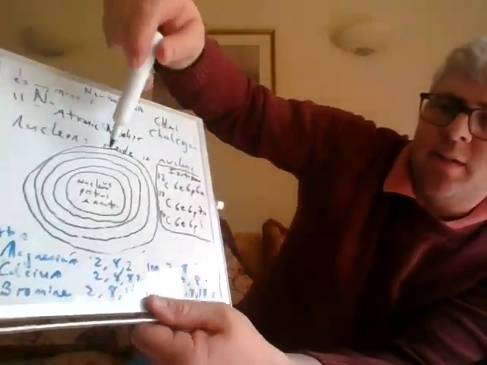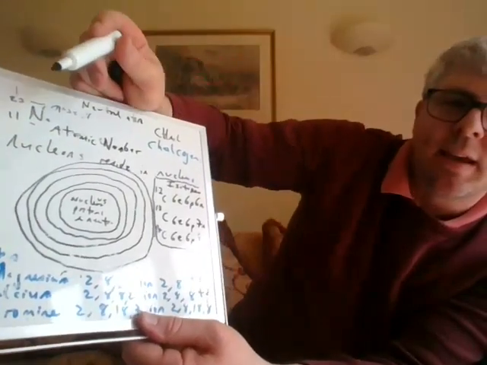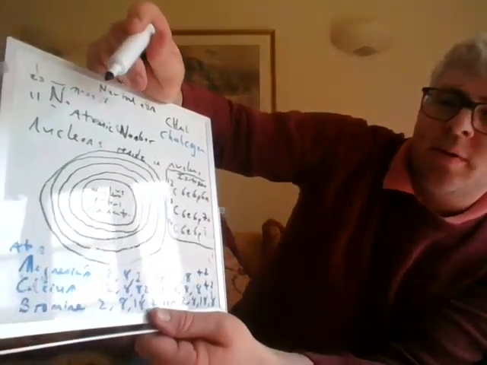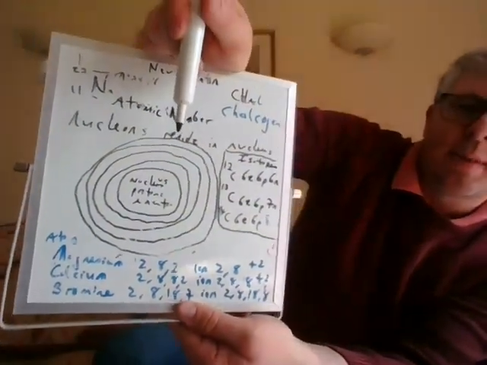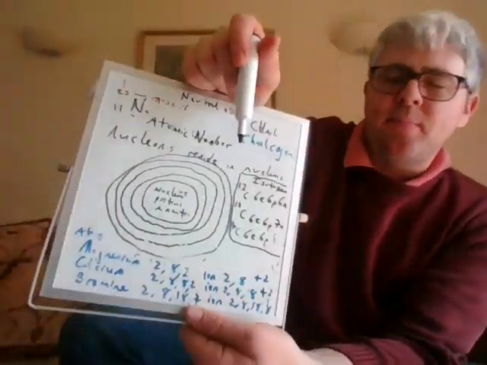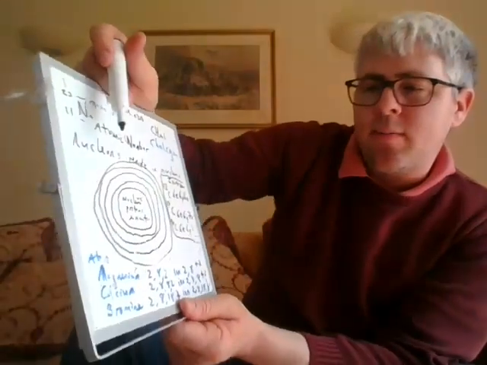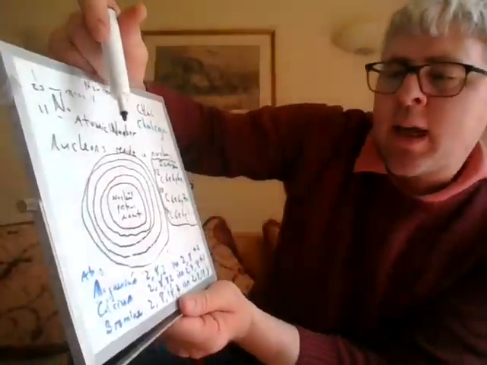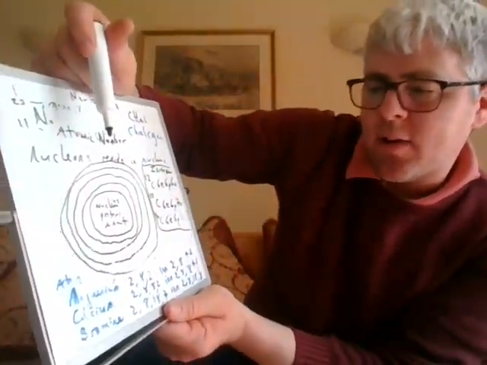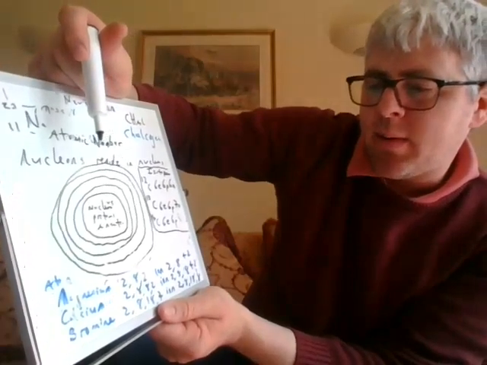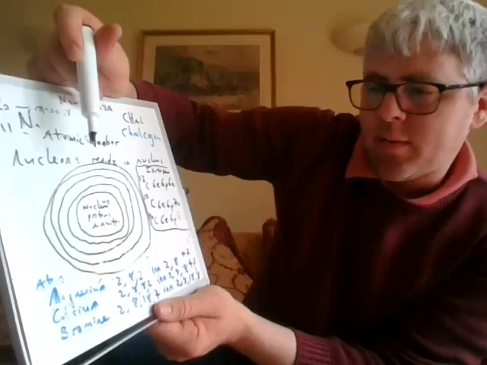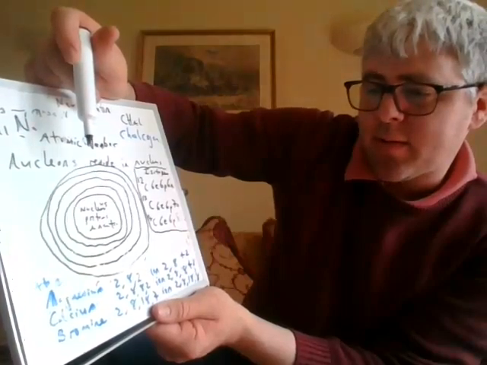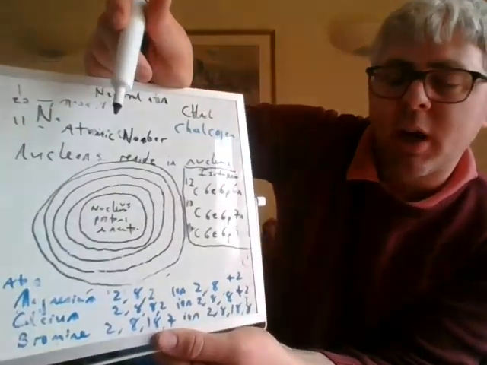The electrons are like the planets, and the neutrons and protons in the nucleus are like the sun, but that was more of a layman's term. As I mentioned earlier today, the magnesium atom is 2,8,2, and when it becomes an ion, it loses electrons. So it's gone from 12 down to 10, and it has a +2 charge.